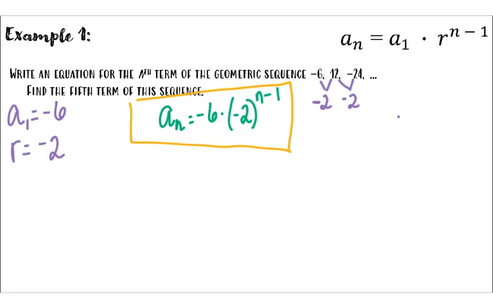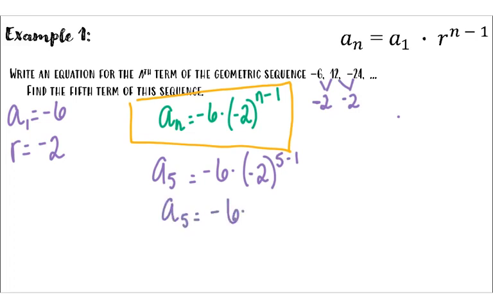So a sub 5 is equal to -6 times -2 raised to the 5 minus 1, because what number comes before 5? 4. So let's rewrite this. a sub 5 is equal to -6 times -2 raised to the 4th power. And from here, we're just cleaning this up using math.